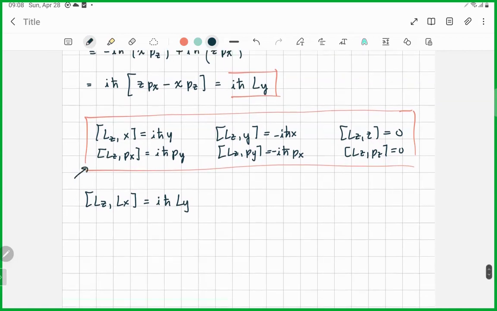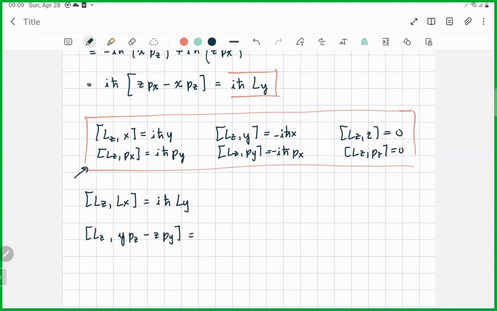And so what does it mean? Instead of writing what LZ is, I'm just going to keep it as LZ. But I'm going to write what the LX is. LX is YPZ minus ZPY.